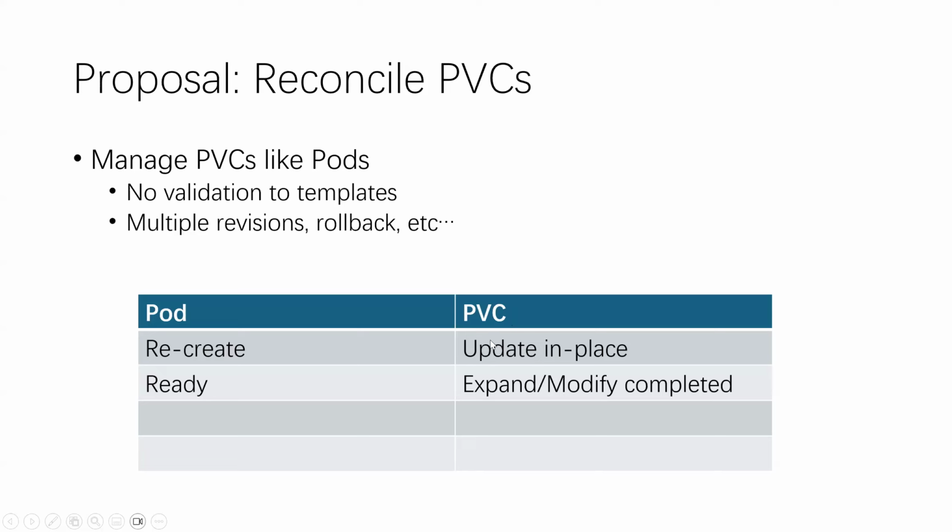So we only update the PVC in place. We will never delete a PVC automatically. And when doing a rolling update, we will wait for the pod to be ready. And if we are updating the PVC, we instead wait for the PVC to finish its expansion or modification.